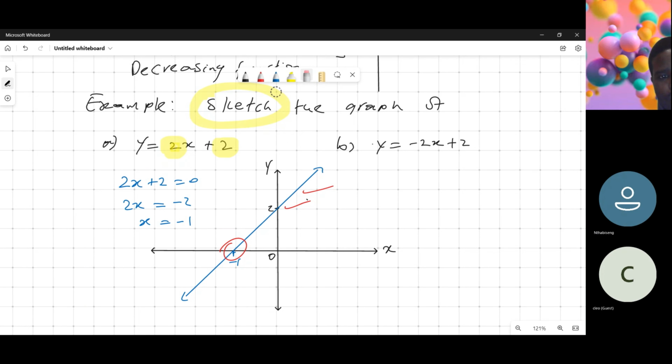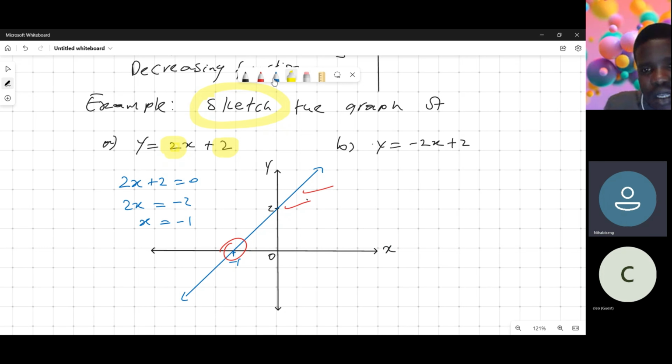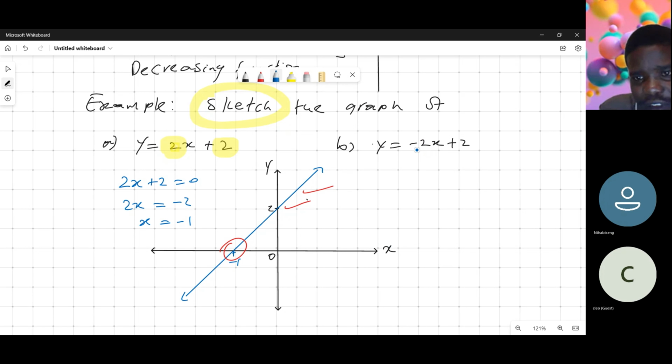Okay, let's go to the next equation, the second equation. That's why if we were to go to the previous question, you will see sketching the graph is around 3 marks, 4 marks. Okay, let's look at this one. Sketch the graph of this one, that's number B. If we look at this one, we will see that the gradient is negative.